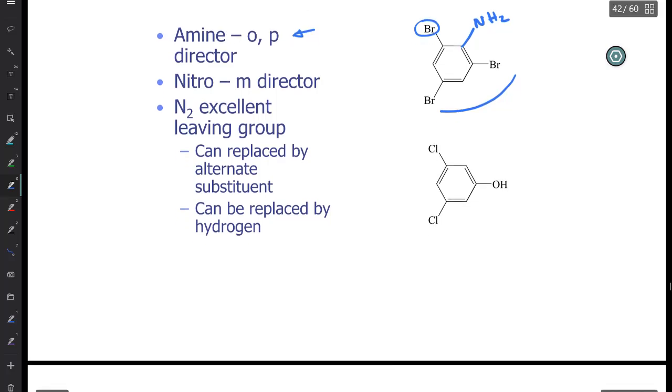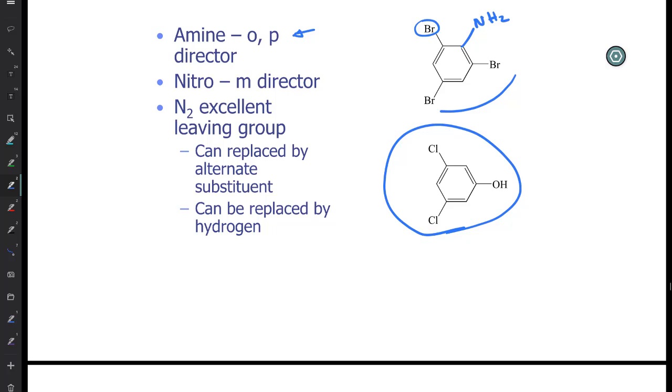Here's another example. How did you make that? There are some things that only diazonium salts can do easily, and this is one of them. First, you have to recognize that the chlorines are meta to the OH group, but OH is an ortho/para director.